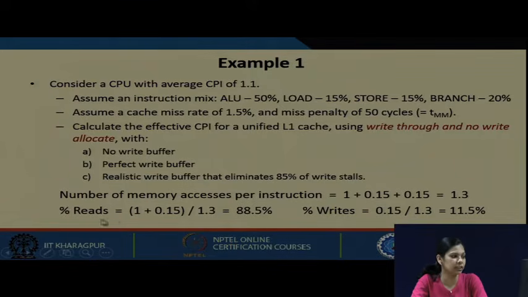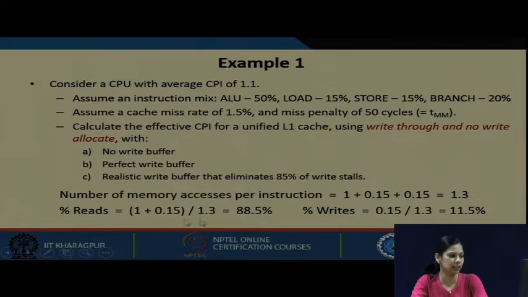Now, what will the percentage read be? Percentage read is once when we are reading a particular instruction, and then again when we are loading a word. So, 1 for reading every instruction and 0.15 for load instruction, divided by the total number of memory accesses per instruction, which comes to 88.5%.